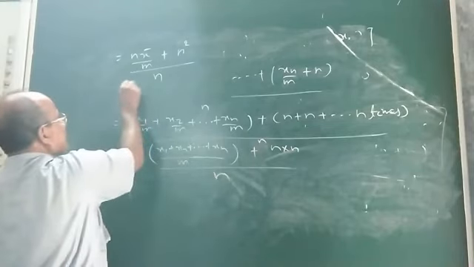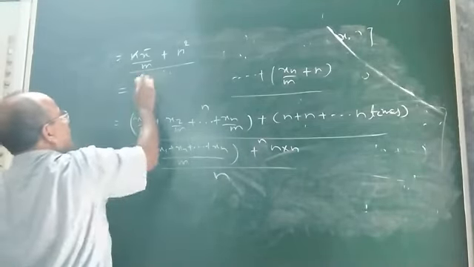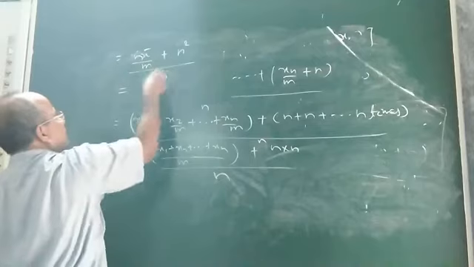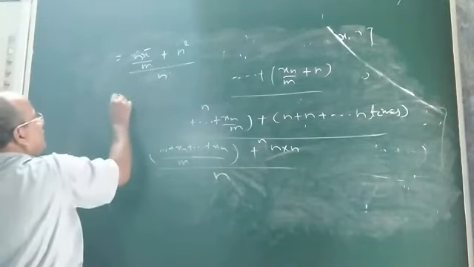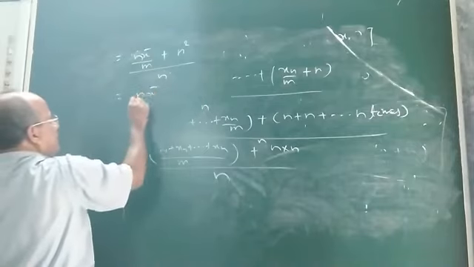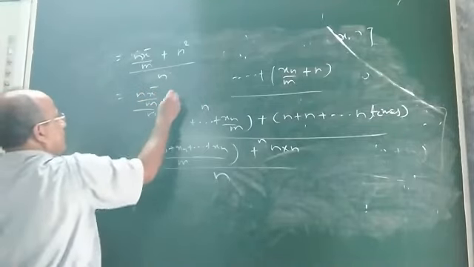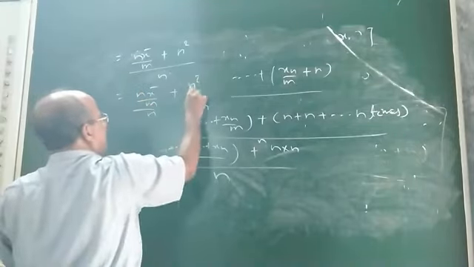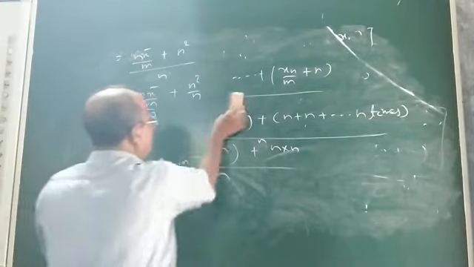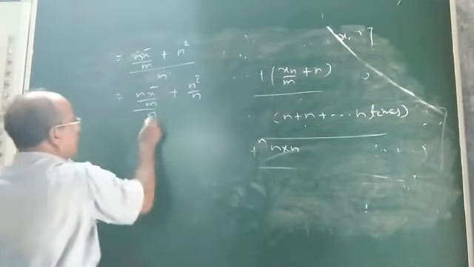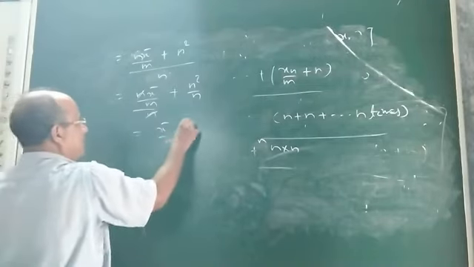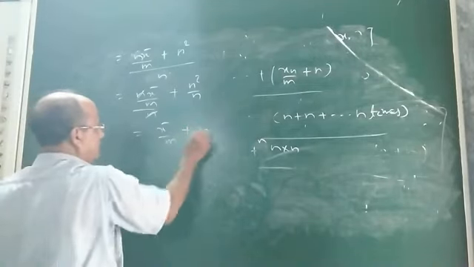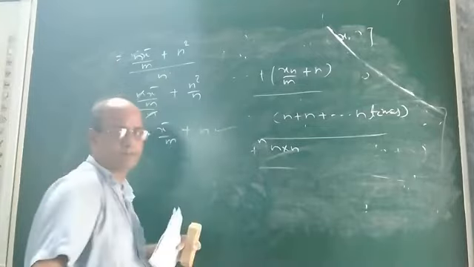Now n cancels, so it is x bar by m plus n. So this will be the answer.